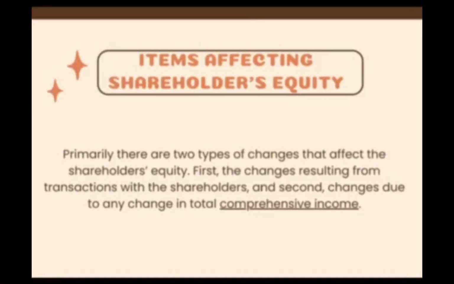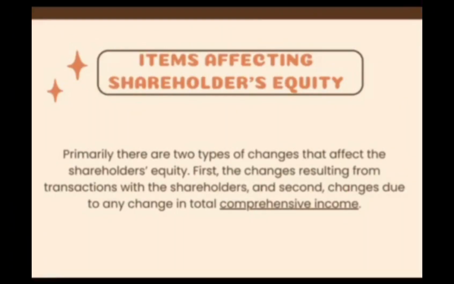So, moving on, we have items affecting shareholders' equity. Primarily, there are two types of changes that affect shareholders' equity. First, the changes resulting from transactions with the shareholders, and second, changes due to any change in total comprehensive income. Transactions with shareholders can significantly impact equity.